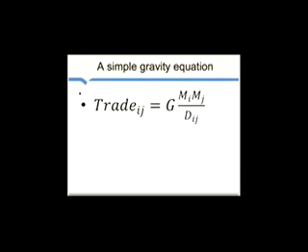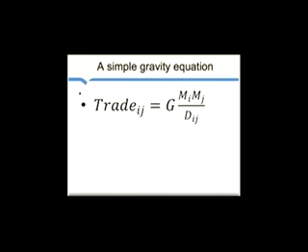Now let's consider a very simple form of a gravity equation, just so you get a sense of how it works. On the left-hand side, we have trade, which is what we're trying to explain. That's the quantity of trade, and it's between nations I and nations J, as represented by the subscripts here. On the right-hand side, you can, in simple versions, treat this G as a simple constant.